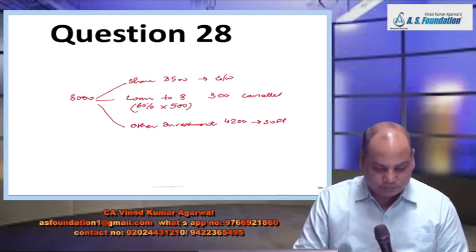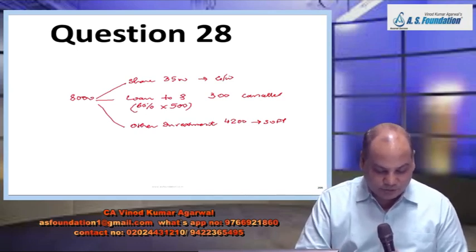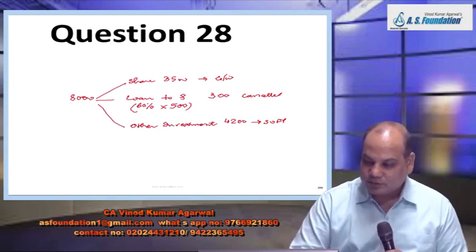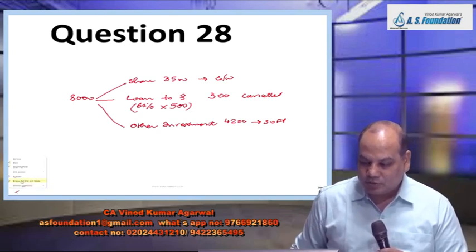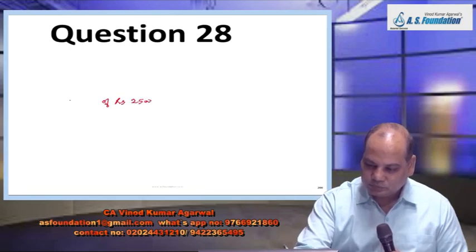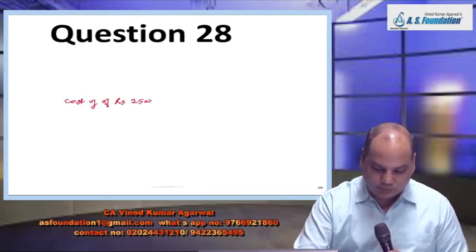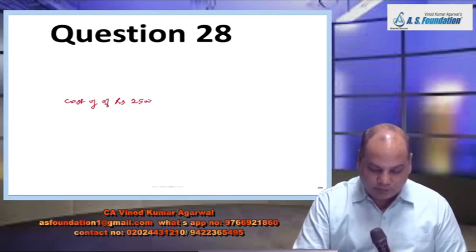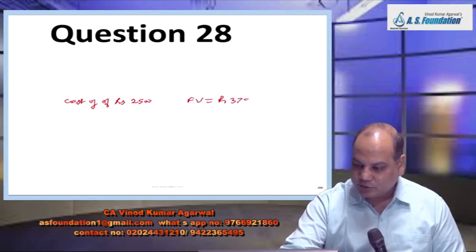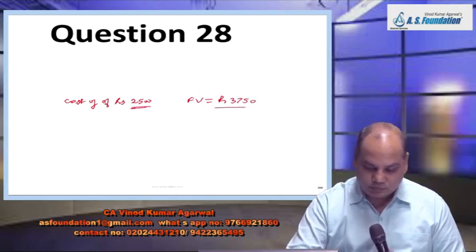Now in the third line, I will read the sentence. At the date of acquisition, it was determined that S land carried at a cost of rupees 2,500 had a fair value of rupees 3,750.